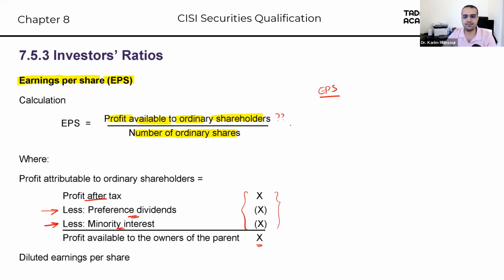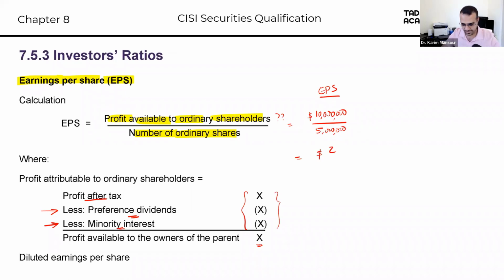For example, they would say the profit attributed to ordinary shareholders, let's say the total profit is $10 million. And let's say we've got 5 million shares outstanding. So the earnings of every share is $2.